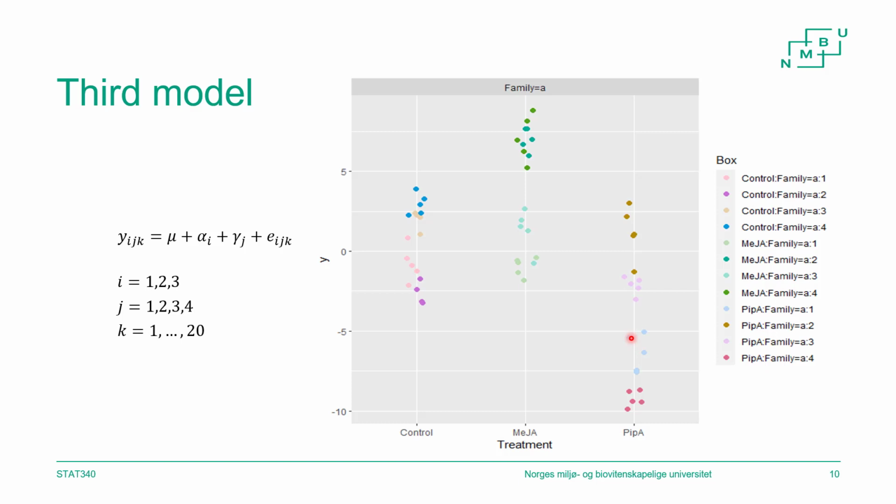Is box an effect that we want to study, or is it just some sort of noise that explains our data? In this case, it's the latter. We think of box as just something random, but it's there. It's important to add it because it explains the variation in our data.